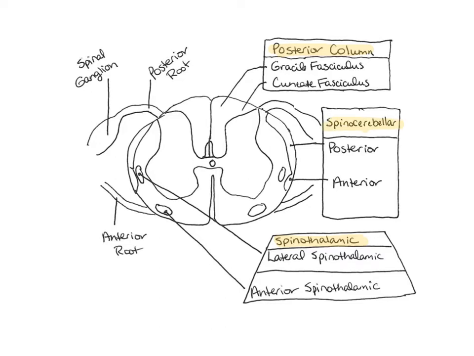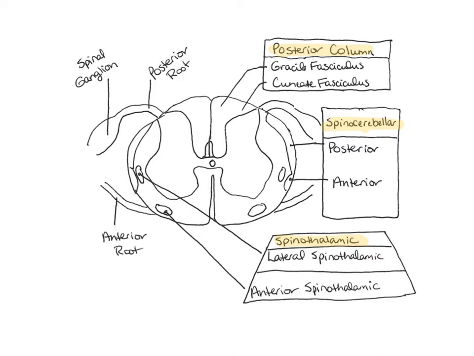Okay. And where the arrows are, they're showing where those pathways are going to ascend to get up to the brain, right? To get up to the thalamus.